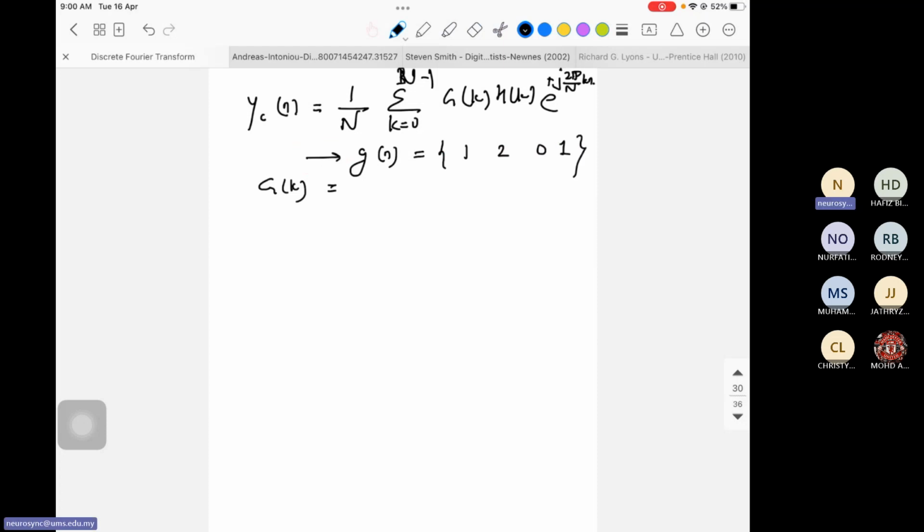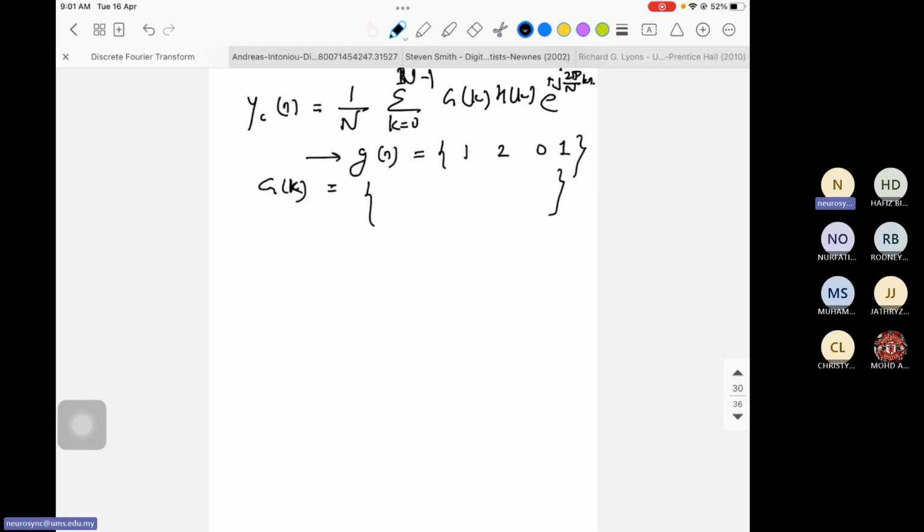For this given g of n, calculate g of k. Please give me the answer for g of k. What is the first value in g of k? Can you tell me?